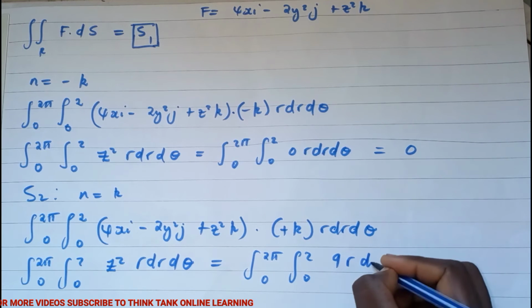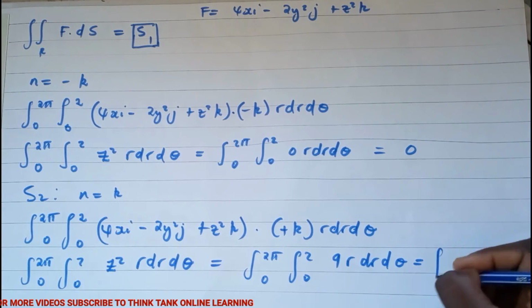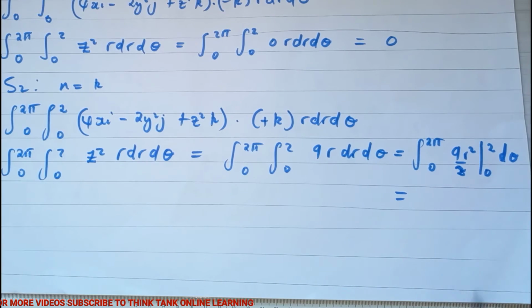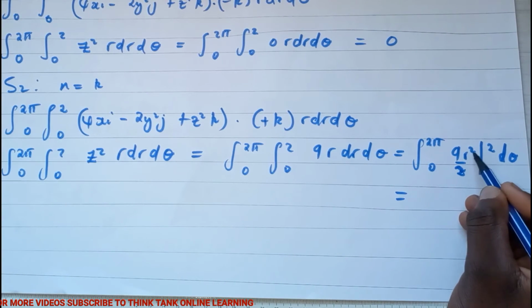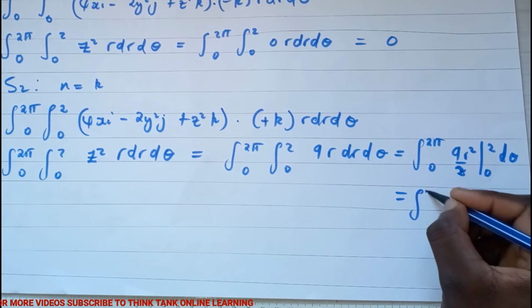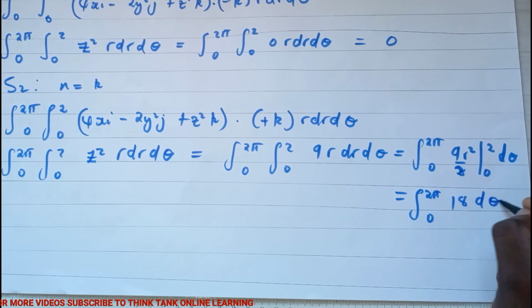We're going to have 9r dr d theta, and we integrate with respect to r, so we're going to have 9r squared over 2, with limits from 0 to 2, d theta. If we do it, 2 times 2 divided by 2, so this is the same as the integral from 0 to 2 pi of 18 d theta.